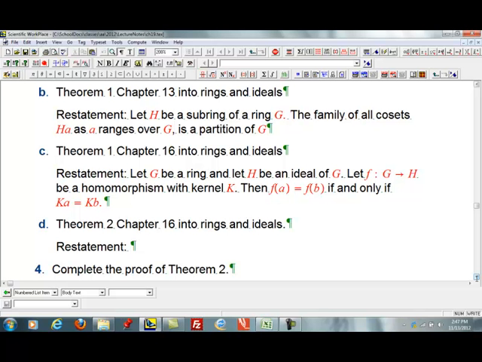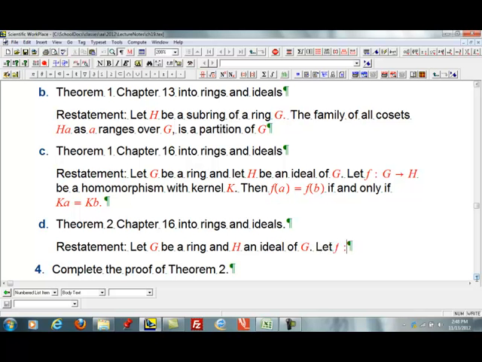So we'll just go through the practice of rewriting it. They actually restated it for us, but let's practice. What do we need to know about G and H? Will G be a ring? And H, what? An ideal, the equivalent of the normal subgroup. H is an ideal of G.